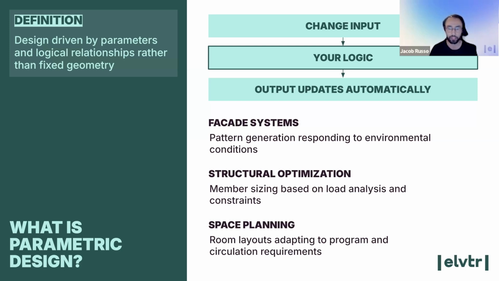So the key mindset shift is you're no longer really designing the exact specific final output, but you're designing the system that then allows you to explore more options around your particular building.